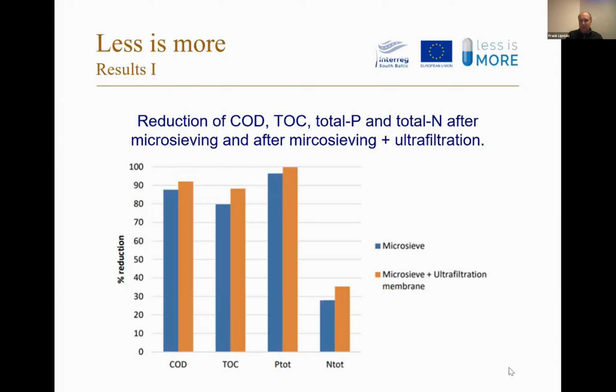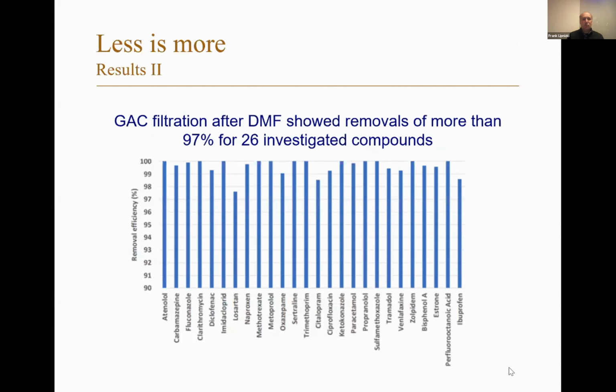But one of the other things we certainly wanted to analyze was how does this concept do with the pharmaceuticals? And this shows 26 different types of pharmaceutical compounds, which we selected to analyze.